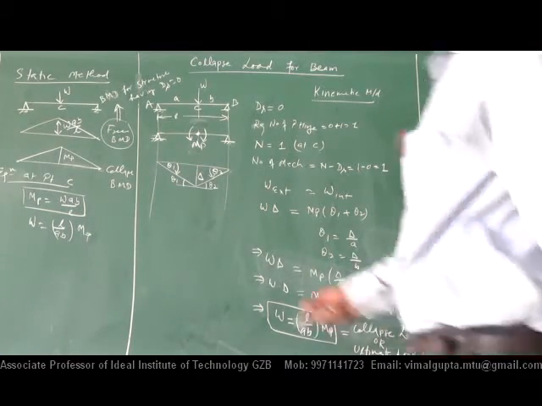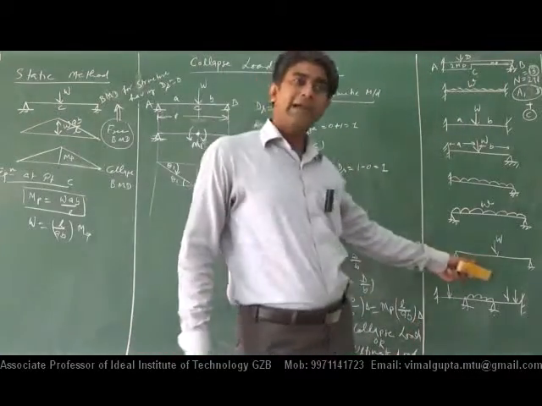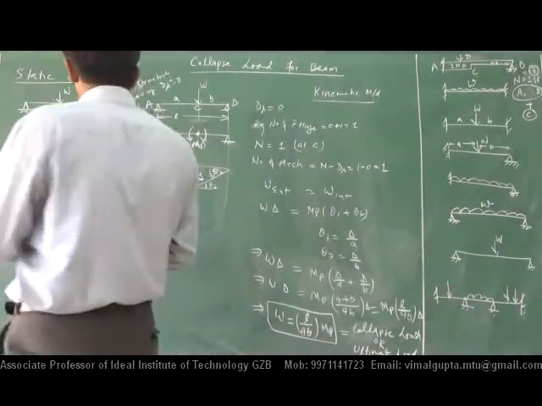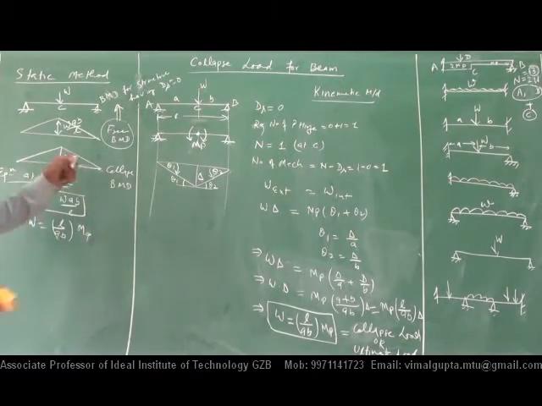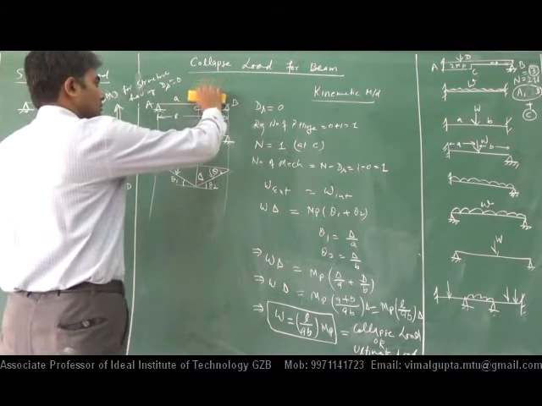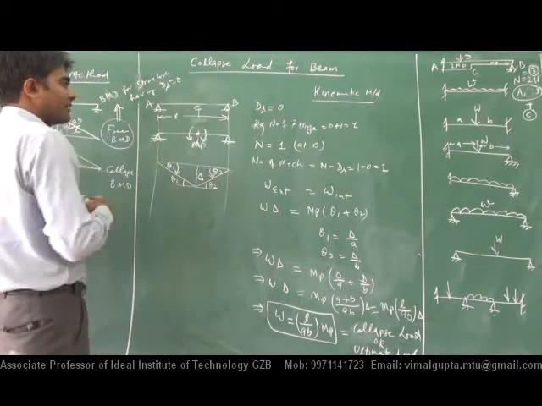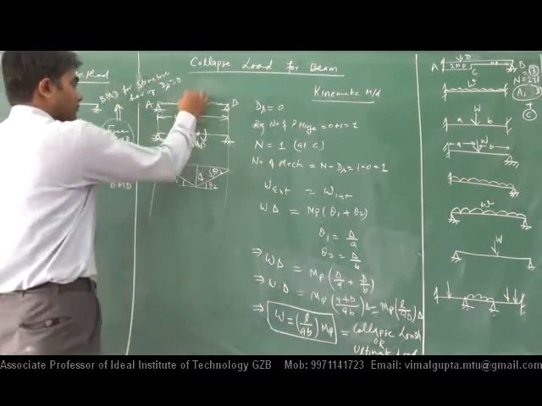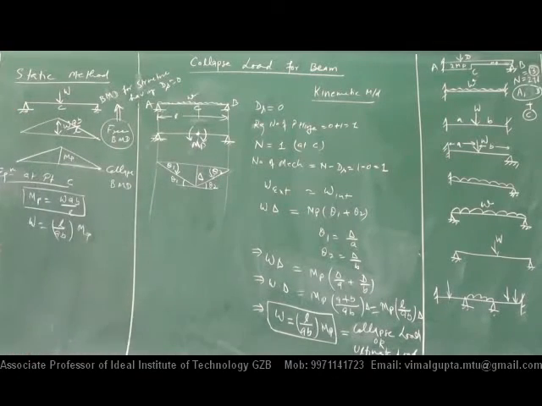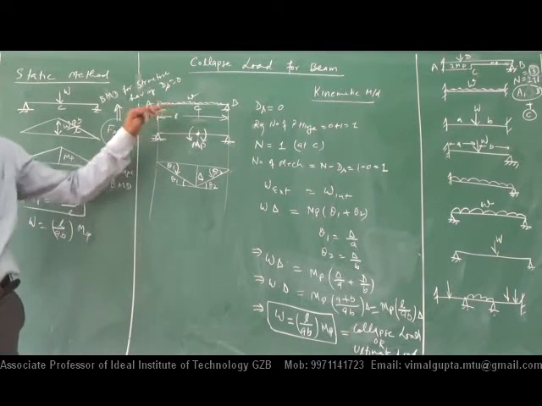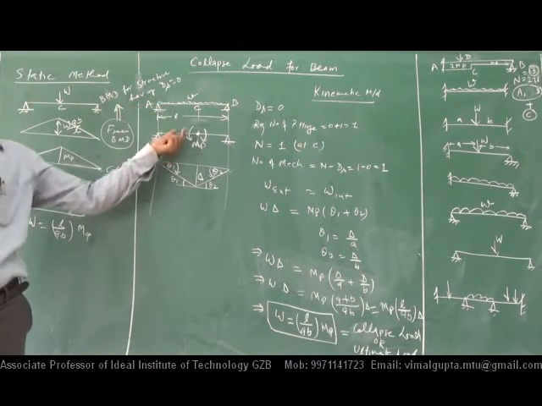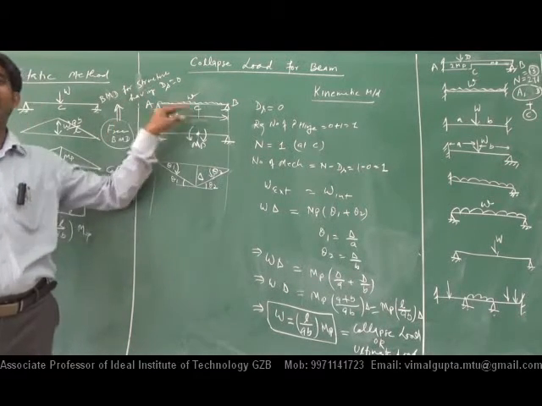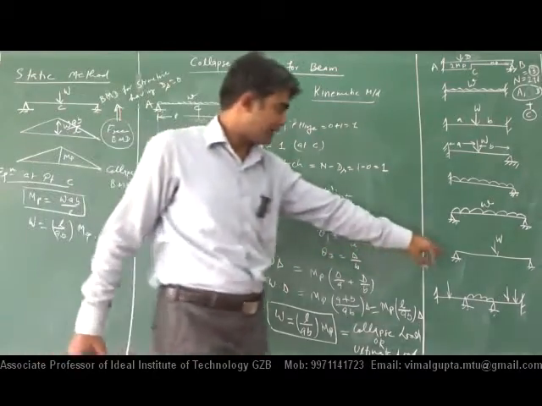So for that we did, in case of UDL, if UDL is there, W, you make it right from the next page, you do not make the correction in the previous question. Okay, this is the second case. This one is completed.